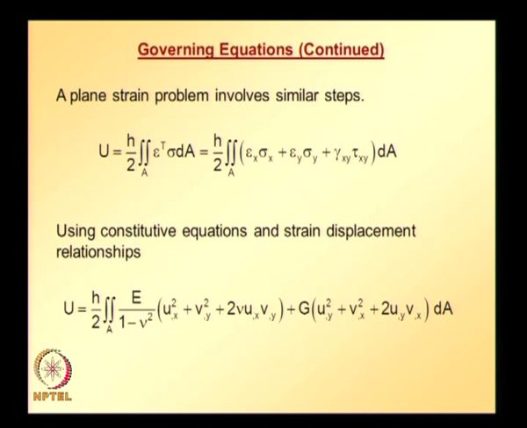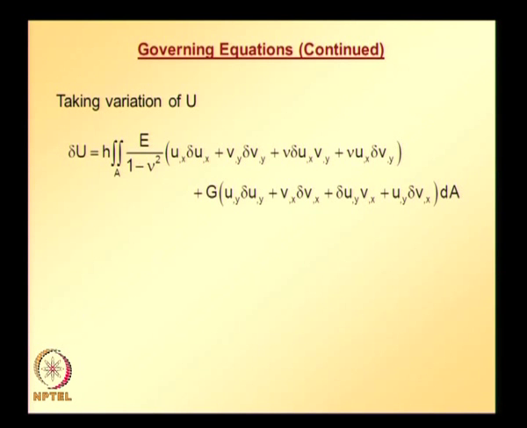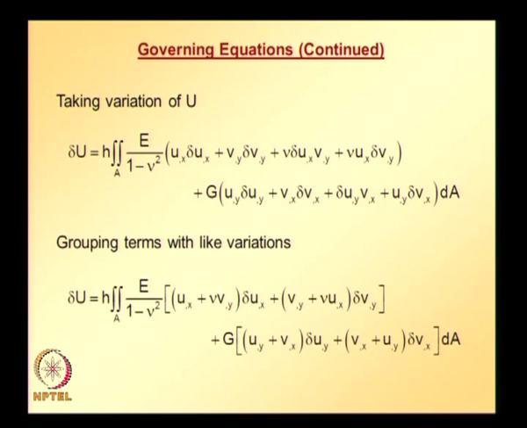Taking the variation of the previous equation, we get this, and grouping terms with like variations, we get this. Now we need to recall Green's theorem, and also that the variational operator and the differentiation operator are interchangeable.